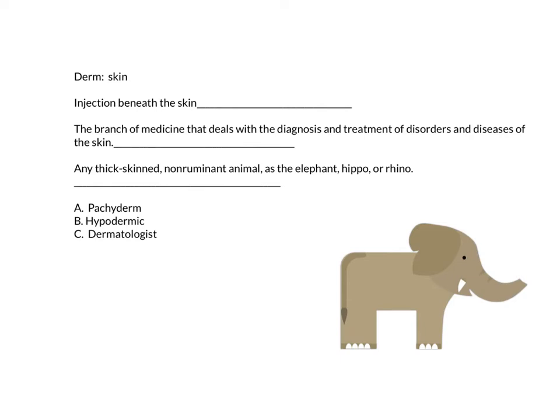So in our first definition, number 1, is an injection beneath the skin. So pachyderm doesn't seem to fit that. Hypodermic, maybe. And then dermatologist, well, I know that words that end in ist are people, like a dentist, a psychiatrist, so I know it can't be C.